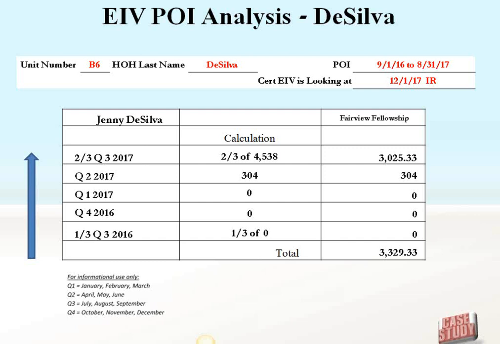The last table that we're going to look at and complete on this page is for major county senior citizens.